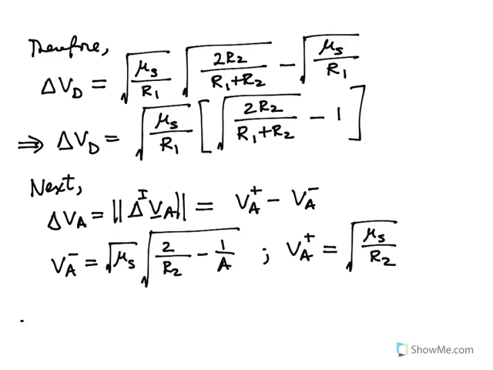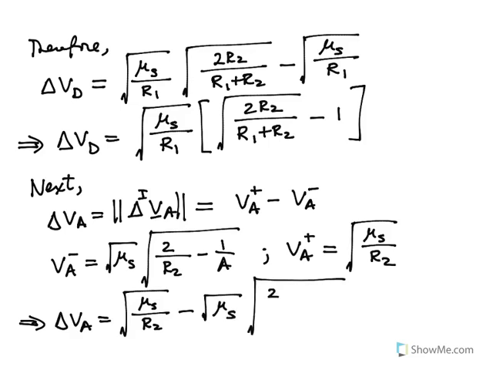So as a result, we wind up getting that delta Va is equal to the square root of mu s over r2 minus the square root of mu s times the square root of 2 over r2 minus 2 over r1 plus r2. And what we can do now is simplify this the same way we did with the first impulse. So therefore, delta Va is going to equal, well, let's look at it.